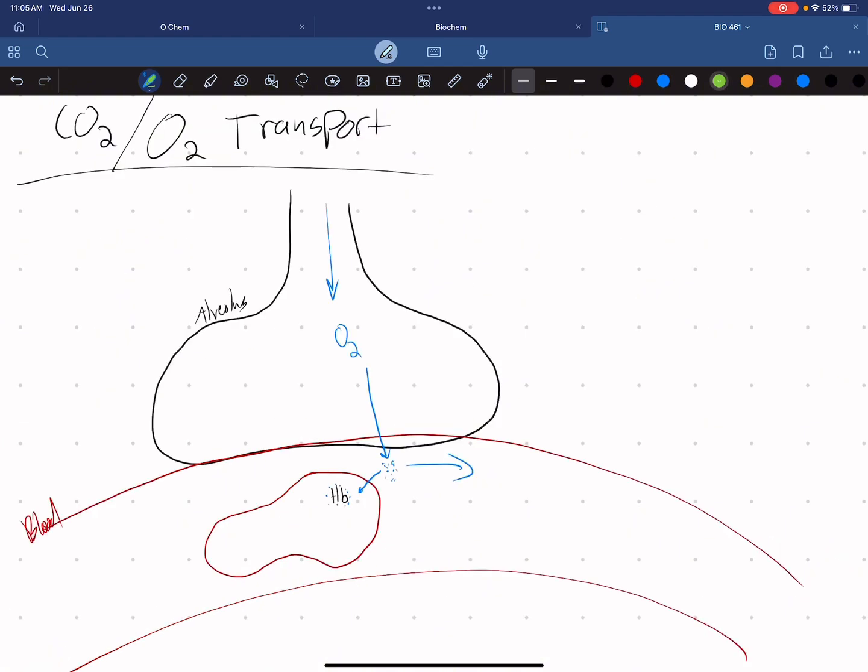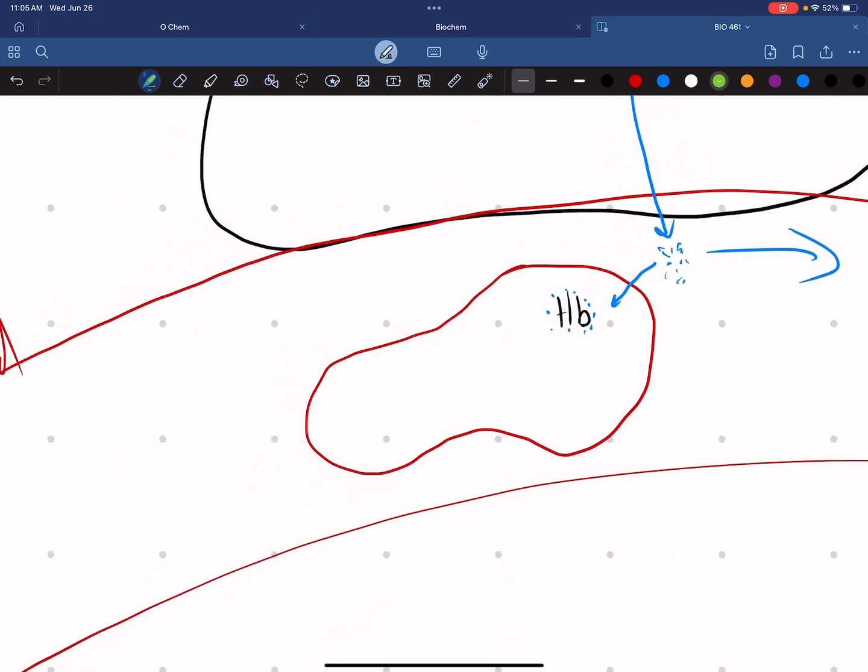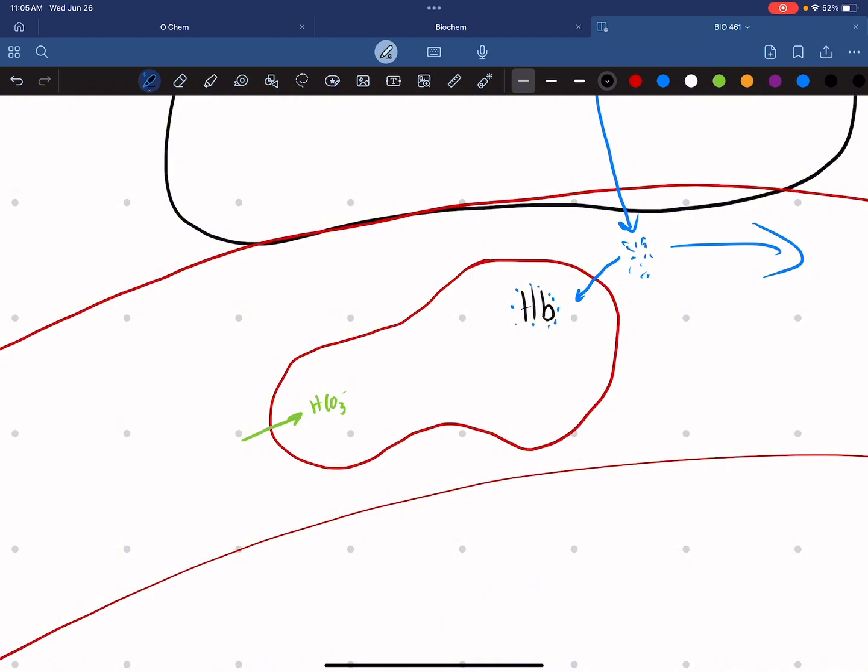In contrast, when talking about carbon dioxide, we'll start here with the red blood cell. We know that there are transporters that bring bicarb into the blood, and these will combine with hydrogen ions as well as H2O and then split into carbon dioxide and water.